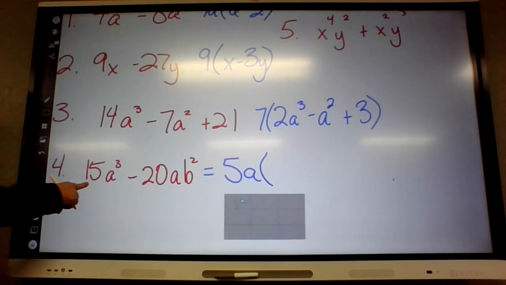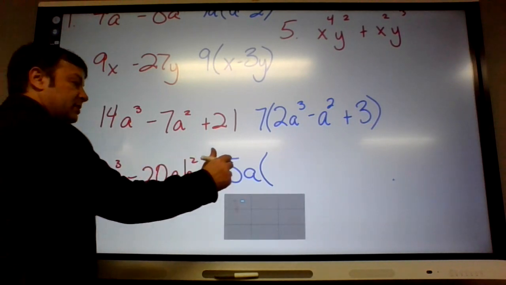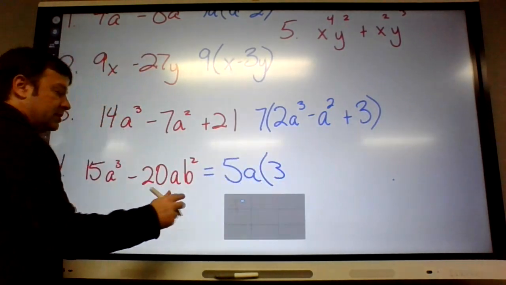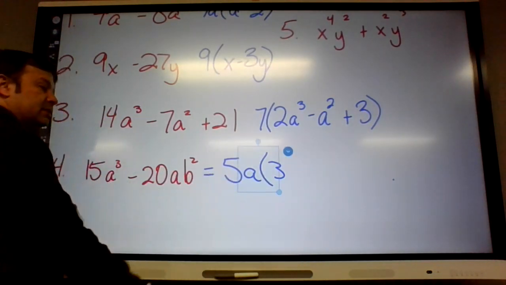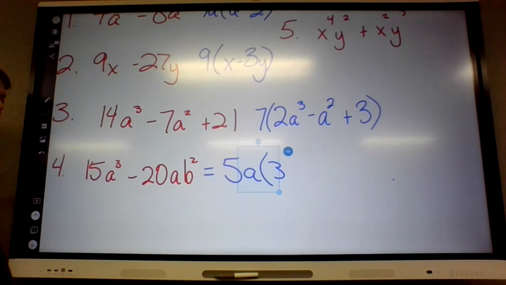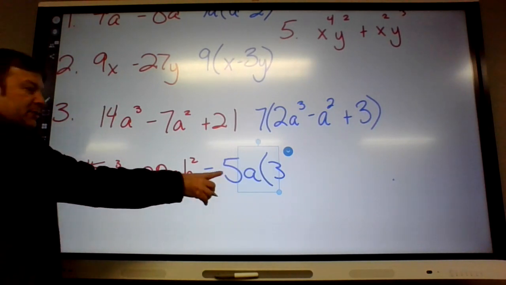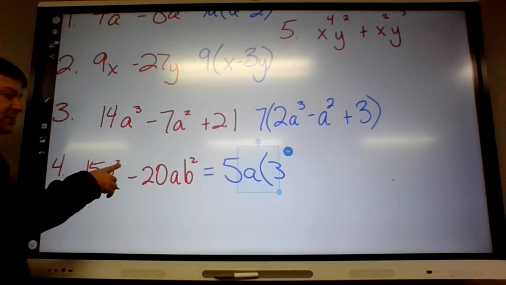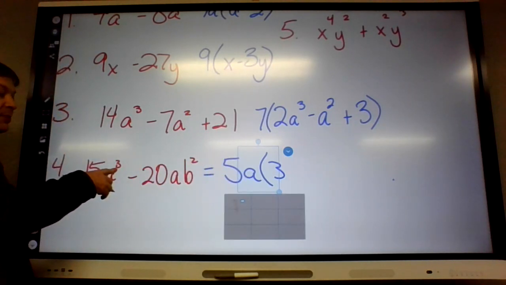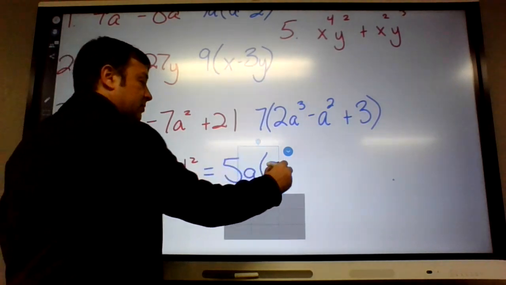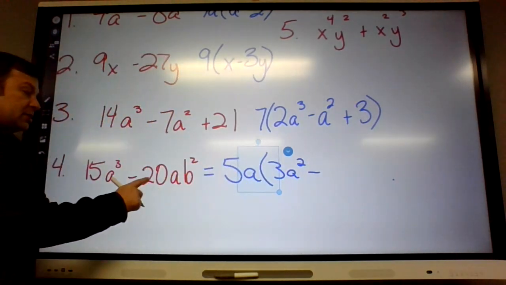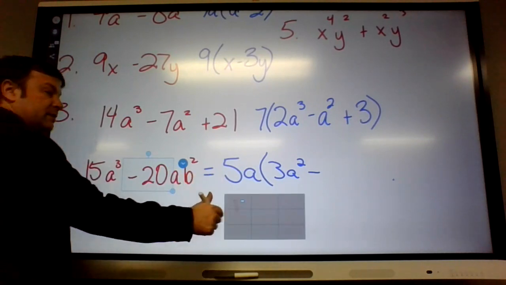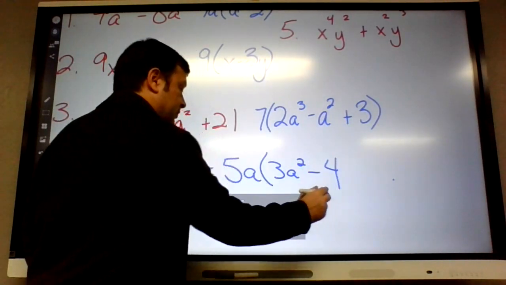So 15 divided by 5 is 3. What's a to the third divided by a? Just a squared. So basically when we divide an a out, we just subtract 1 from the exponent. So that'll leave a squared, minus 20 divided by 5 is 4.